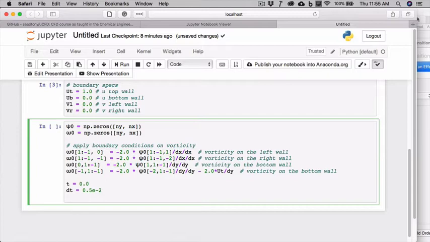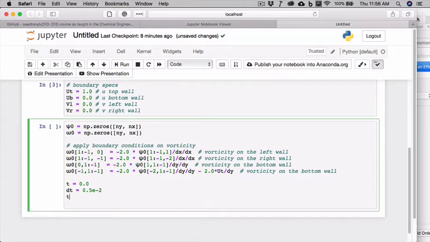But you have to take your time step size a little bit smaller because this is a nonlinear equation. So I based these numbers off of that. As a guideline, if you're confused about picking your delta t, you do that. T end, I'm going to run it for like a second.